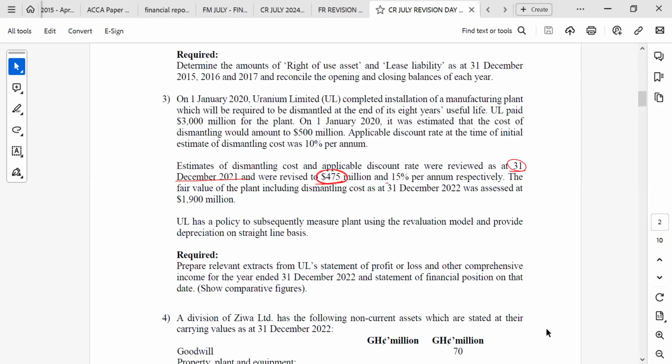Okay, yes. If that will be spent in 6 years' time, what will be the present value of this amount now? So we find the present value of this now using the 15%, because they have changed the amount together with the 15%. Please, this is a change in an estimate. Don't go back and say that you assume that 475 will be the value at the beginning of the year.